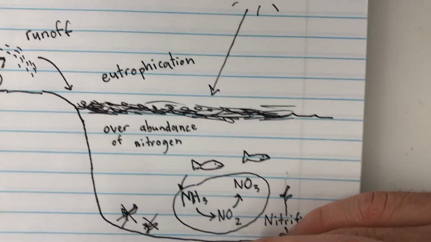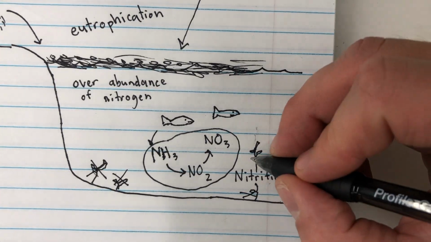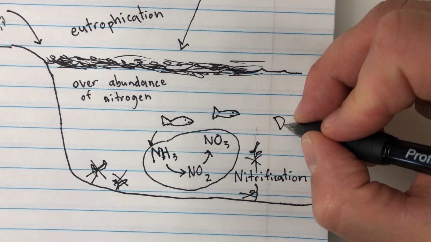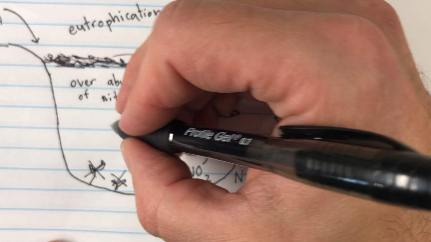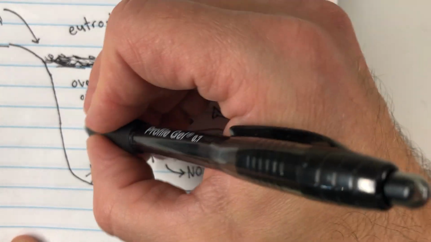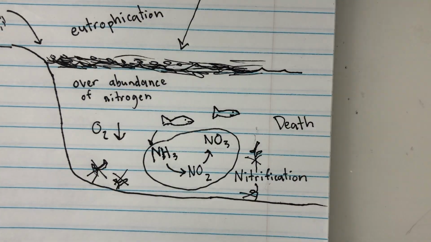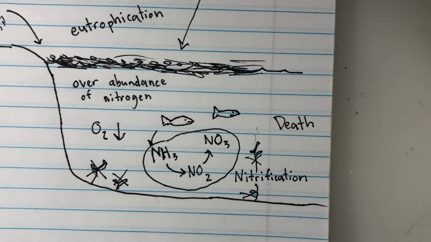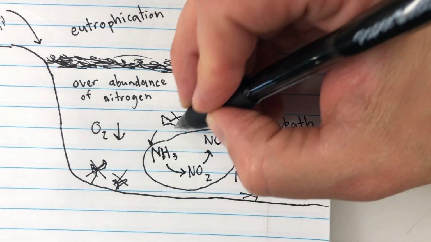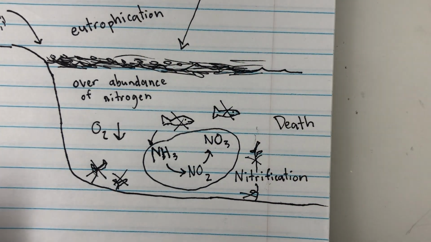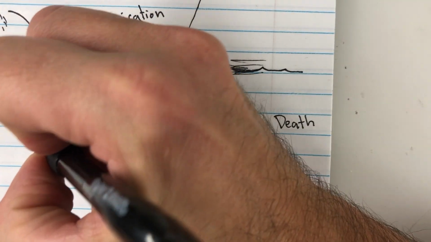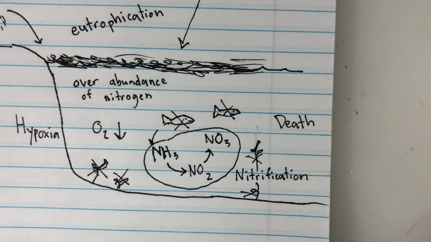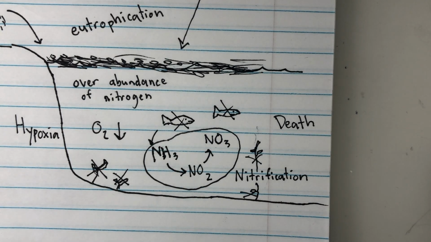And because the plants are all dying, I'm just going to say death down here. Because the plants die, the oxygen levels go down, okay? So, right, O2 levels go down, okay? And because the oxygen levels are going down, then the fish die, okay? And so when these oxygen levels go down, we call that hypoxia. Hypoxia, okay? And that is detrimental to our ecosystem.